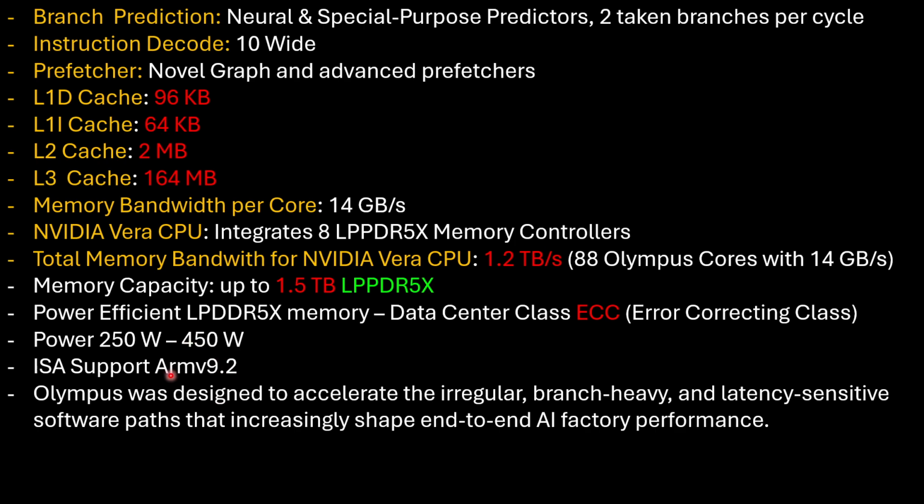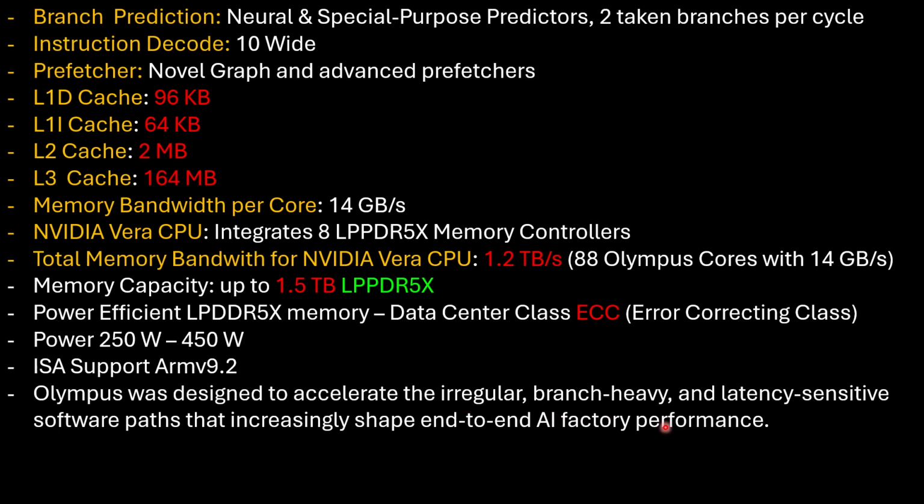Also, the ARM architecture is 9.2 ISA support, and Olympus was designed to accelerate the irregular, branch heavy and latency sensitive software paths that increasingly shape end-to-end AI factory performance. So this is what and how they designed it for.